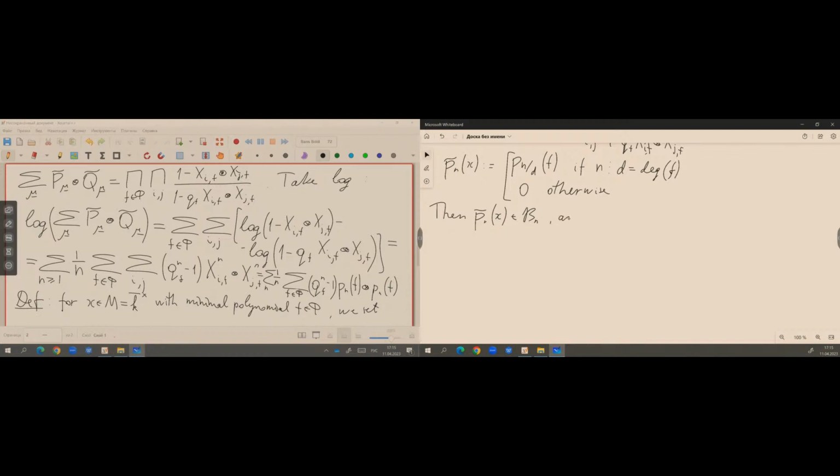and its value at x is 0 for x out of the multiplicative group of our degree n extension. So this last equality, well, we just proved.